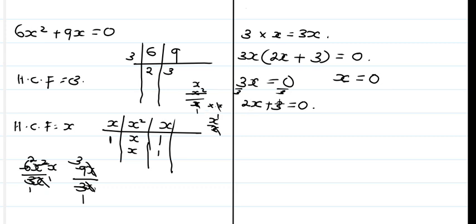Then for the second one, we have 2x plus 3 equals 0. I take the 3 to the other side, so 2x equals negative 3. But I want x, so x equals negative 3 divided by 2. I can leave it like that, and that becomes the second solution for x, and the solution for this question. Can we try another example?